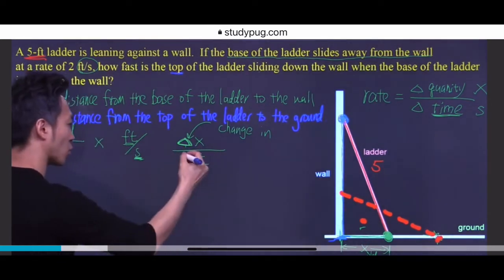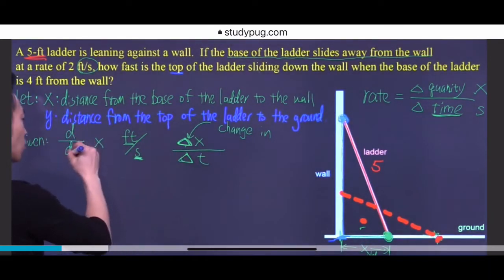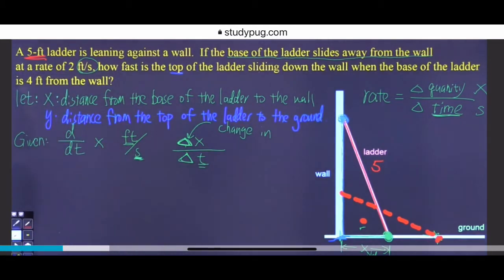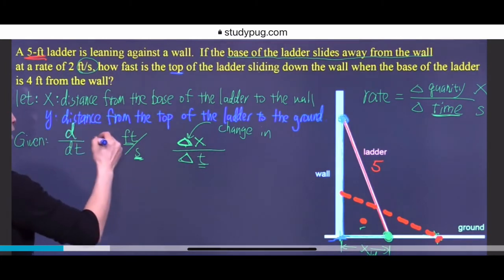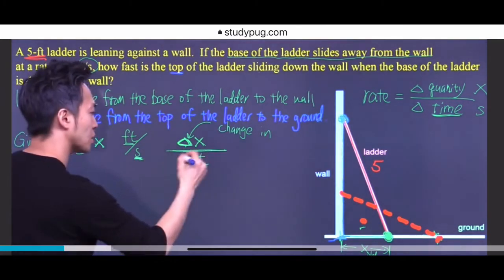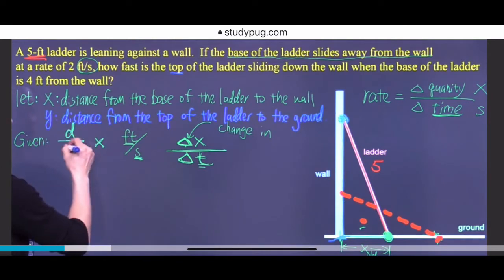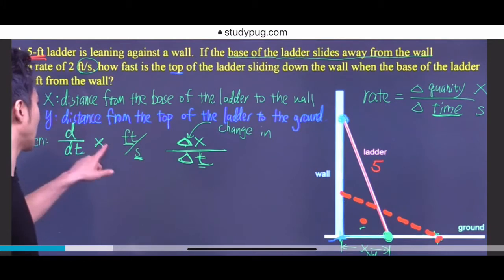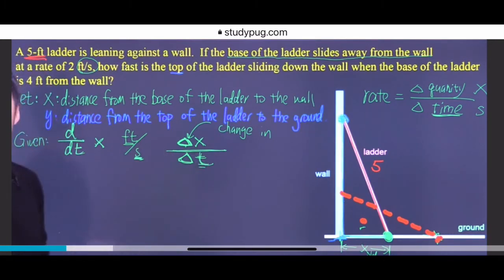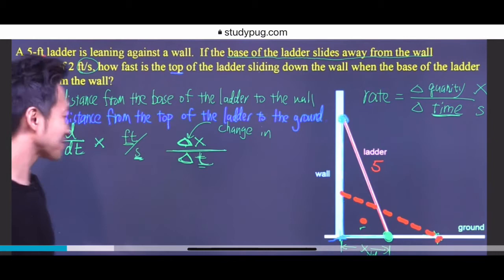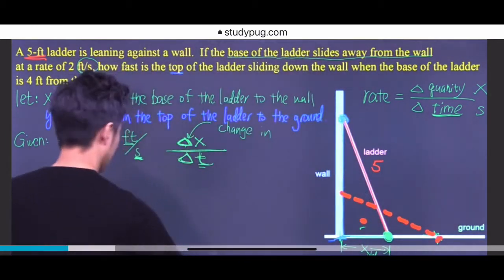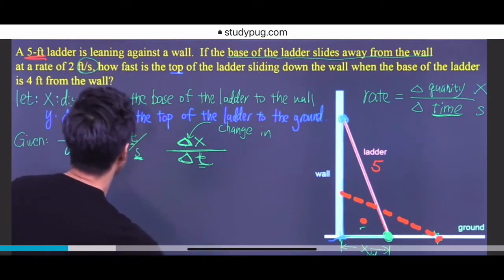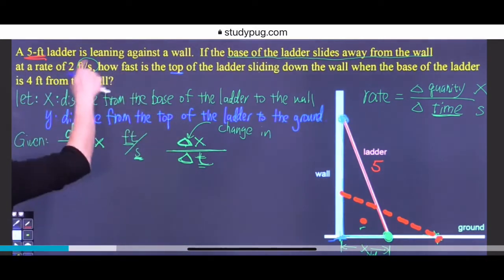Now at the denominator we have the change in time, dt. So let's look at this again: change in x, dx, over change in time, dt. Cool. So as it turns out, 2 feet per second.